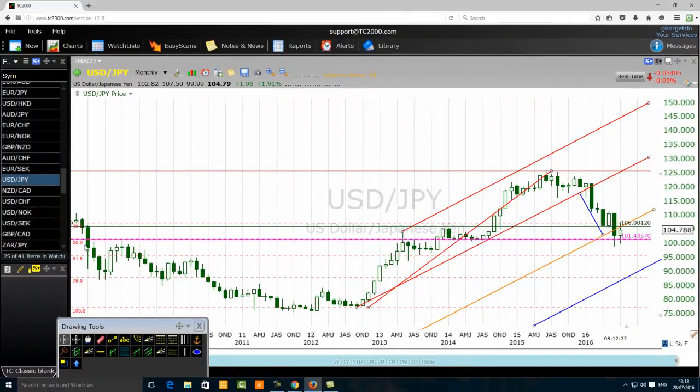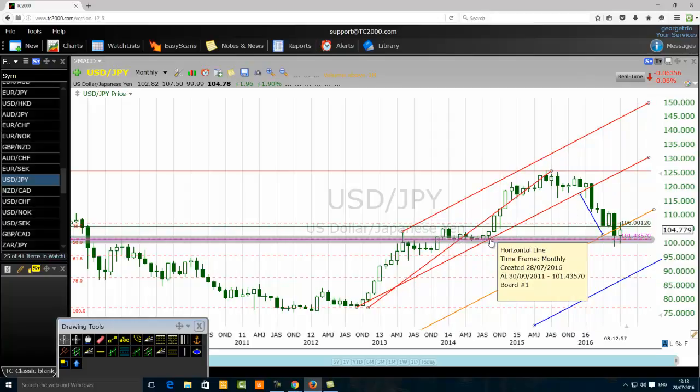So here it is. That's the 50% Fibonacci retracement level of the price action since the end of 2012 up to the beginning of 2015. That's the trending phase that is confined in this red rising channel, okay? And the 50% is there.